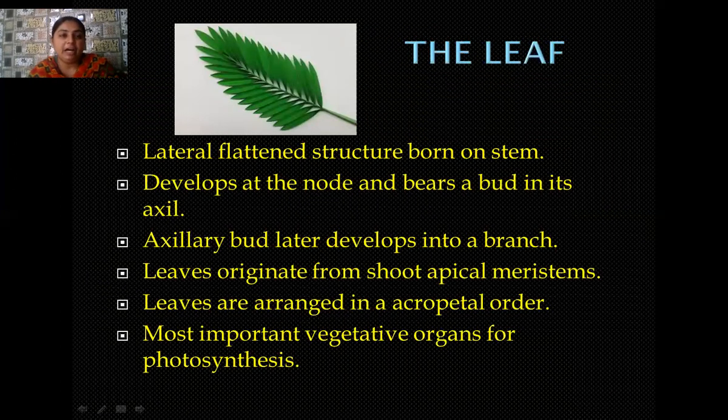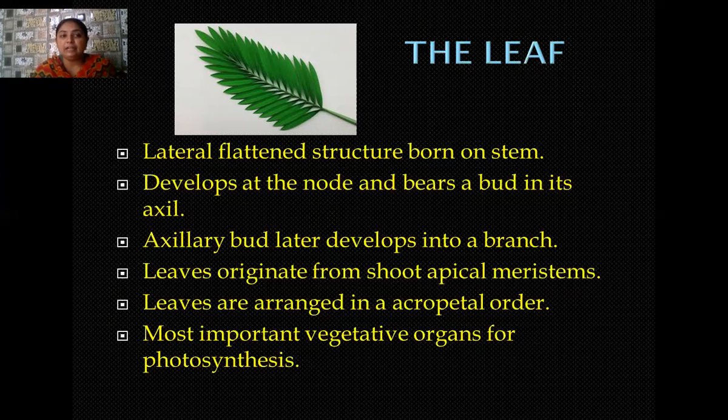Okay, students, we are now going to study the next morphological organ that is present in angiosperms, very, very important, and that is the leaf. So what is a leaf? A leaf is a lateral flat structure that is generally borne on the stem or on the branches. It develops at the nodes and bears a bud in its axil.